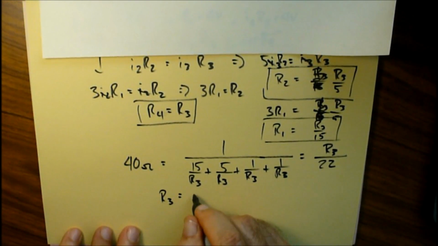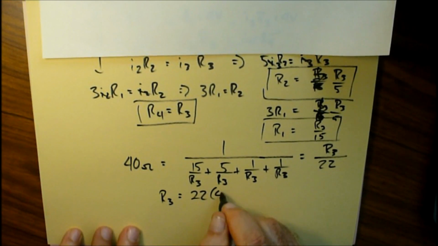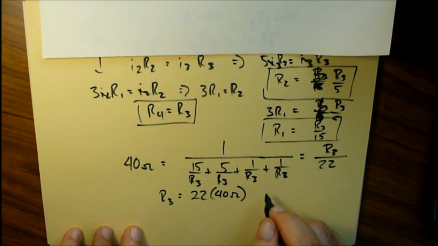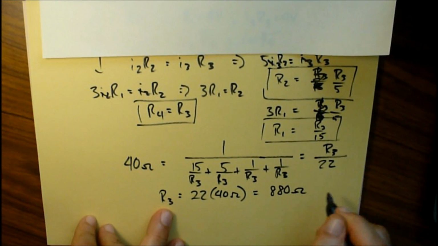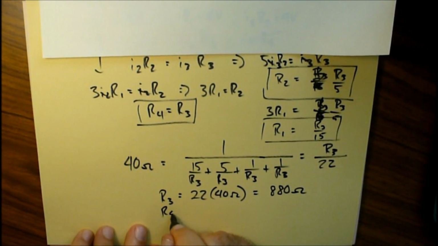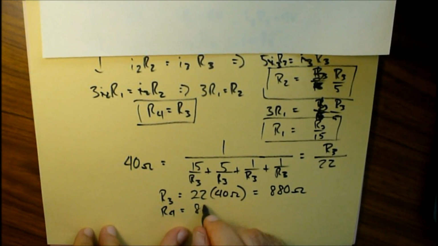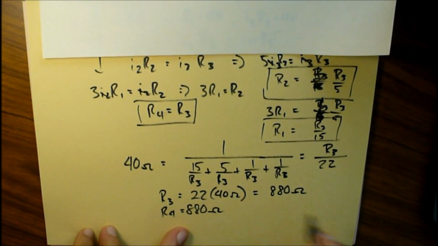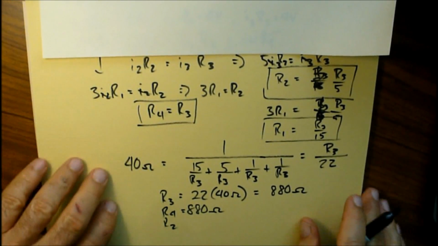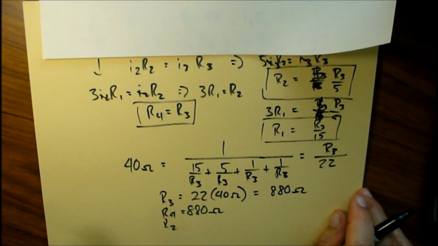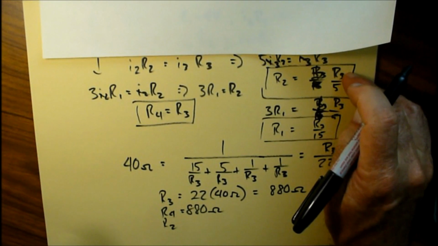R3 is equal to 22 times 40 ohms. And that gives us our first basis, that is 880 ohms. It also gives us R4, which is also 880 ohms. And then R2 is going to be R3 over 5.